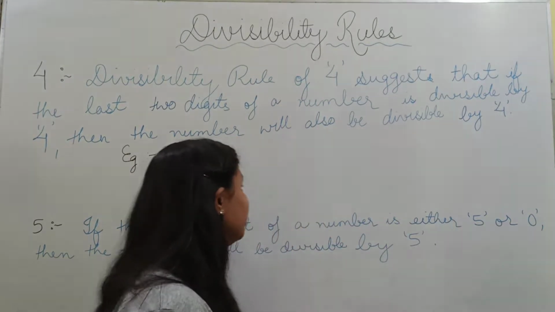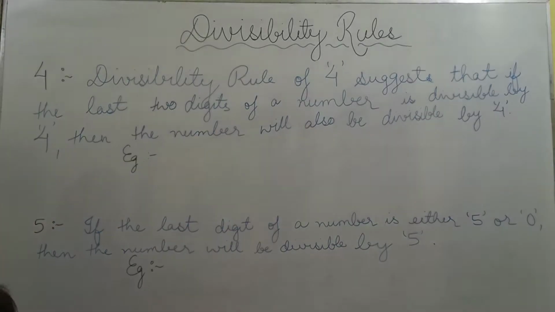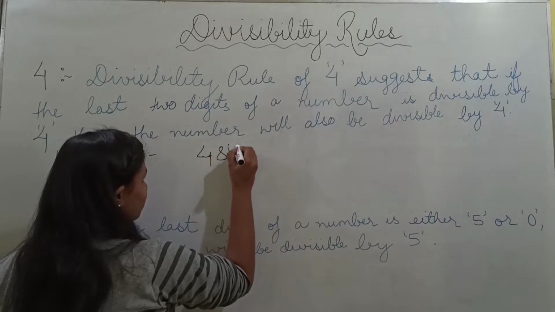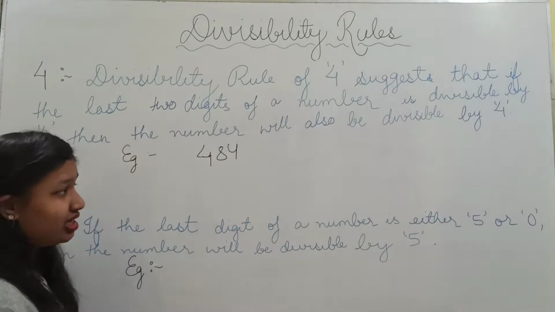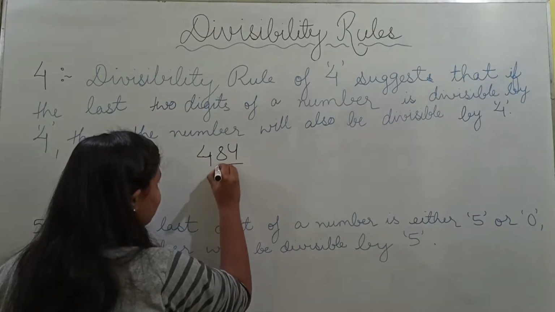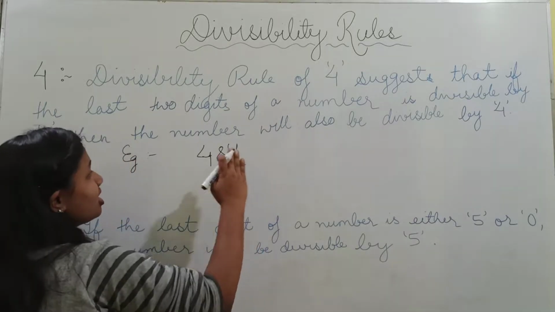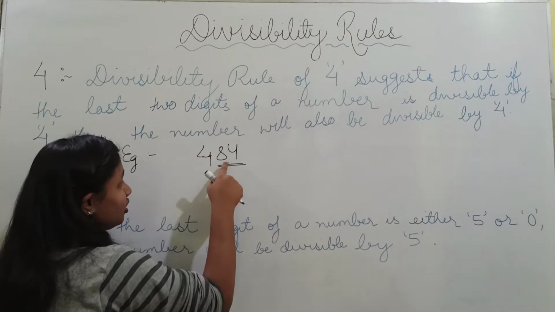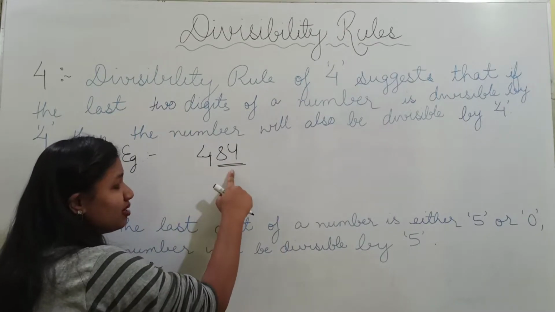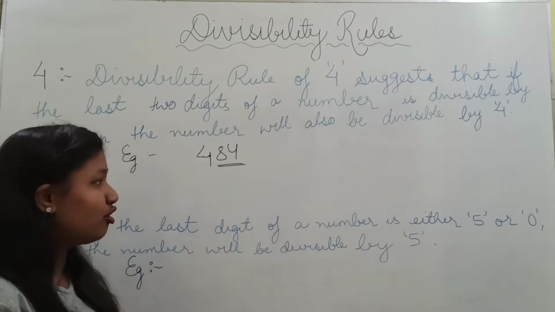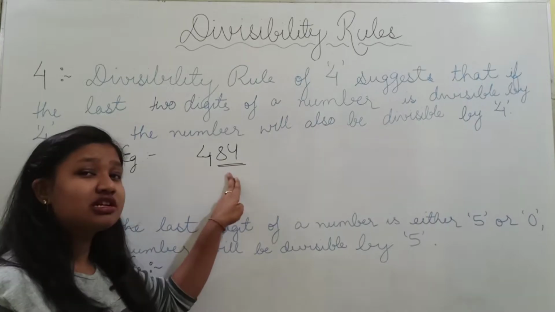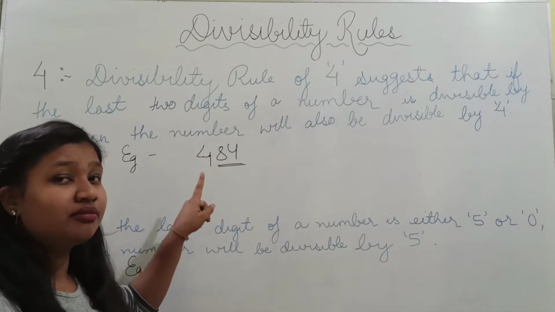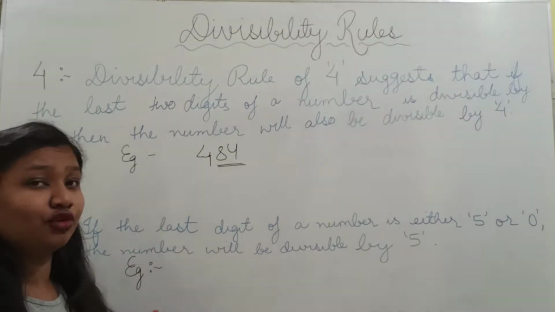For example, if I take a number, say 484, then we will just see if this 84 is divisible by 4 or not. That is, the last two digits of the whole number. And if 84 is divisible by 4, then definitely this whole number must be divisible by 4.